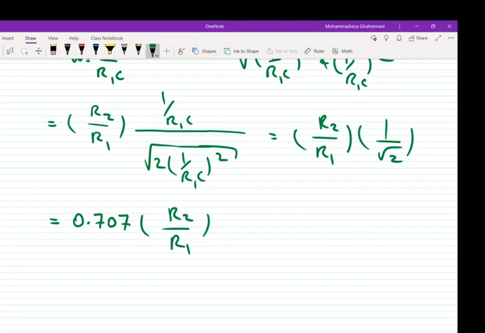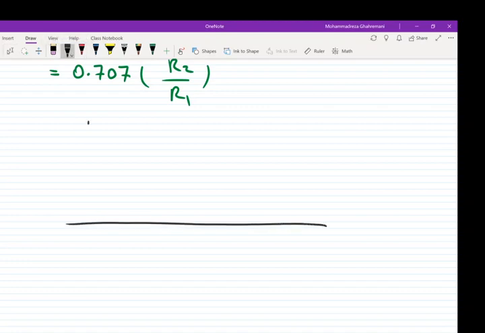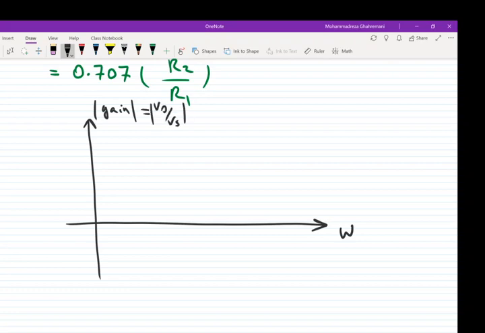Let's graph the frequency response of this filter. Omega on one axis and gain, which is equal to VO over VS, on the other. For infinite frequency, we had R2 over R1.